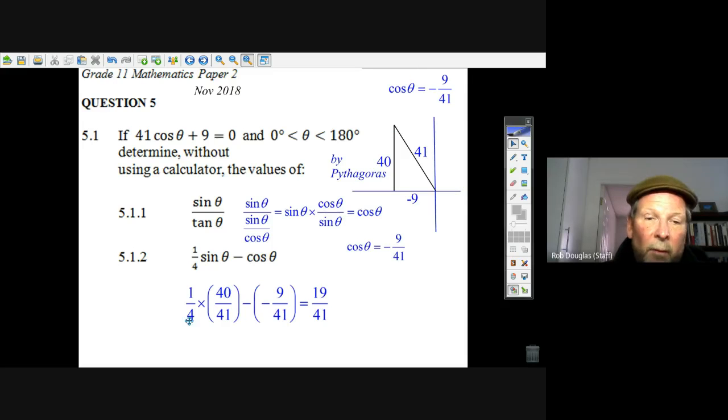Well, 40 divided by 4 is 10, so this is 10 over 41. Minusing a minus is adding, so it's 10 plus 9. This must be 19 over 41. You can type this into your calculator exactly like this, and your calculator will tell you that it's 19 over 41. Well, that's the first question, the Pythagorean question.